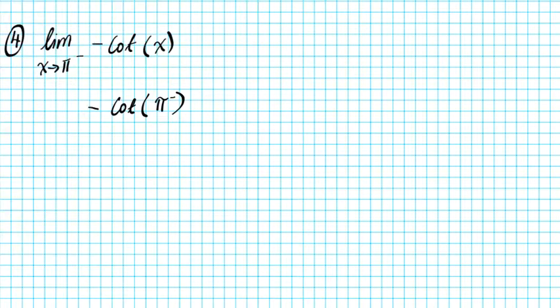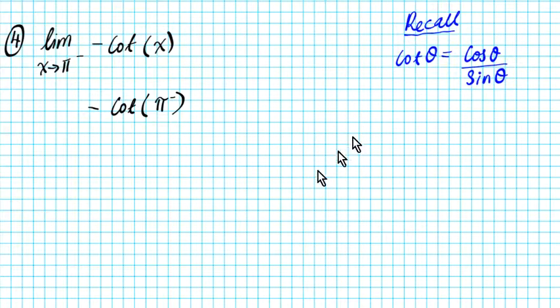You have to remember your quotient identities, which state that cotangent theta is cosine theta divided by sine theta. I'm going to reduce this into a sine and cosine case so I can use the graphs to finish it off.